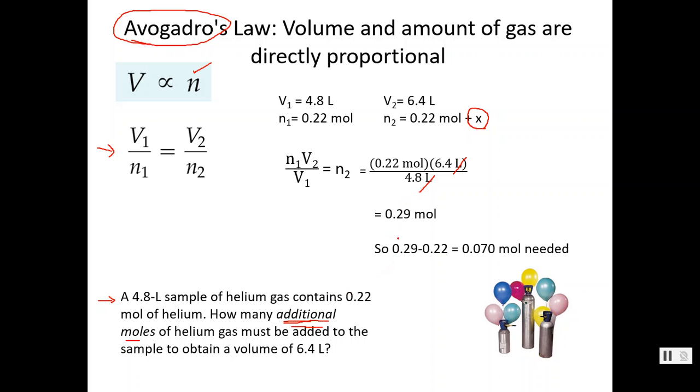So I take my N2, which was 0.29, and I subtract my N1, which is 0.22, and that gives me my answer as to how many additional moles are needed to obtain the volume that I want. So those are the kinds of problems that you will encounter with regards to Gay-Lussac's and Avogadro's law.